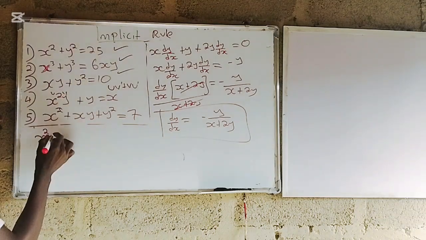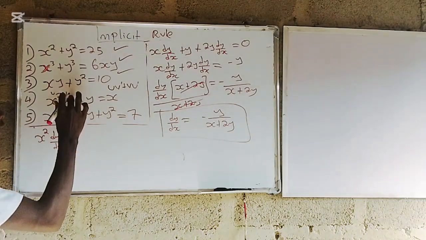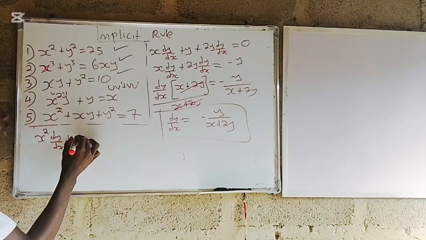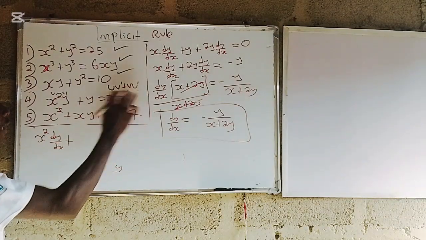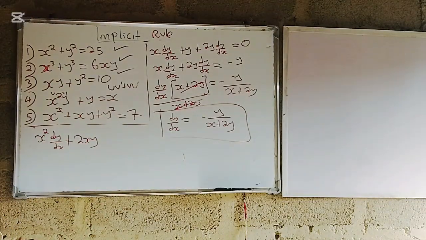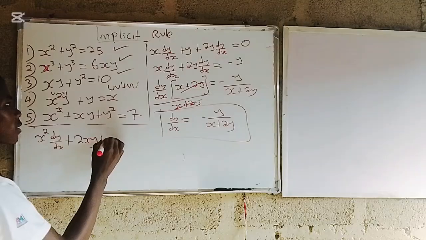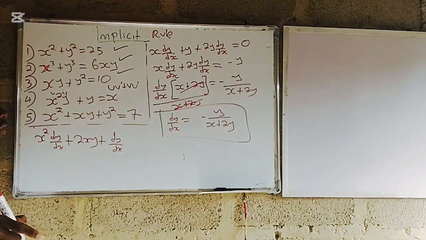Differentiate v, I'll get dy/dx, plus v, which is y, and u prime, which is 2x, I have to add my y. So I have to say plus y, which is dy/dx, as I explained from the beginning of the video.